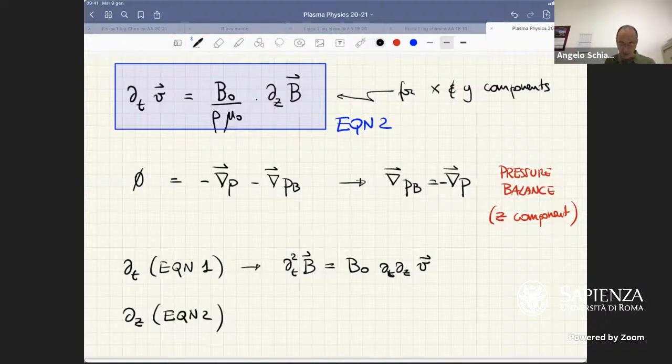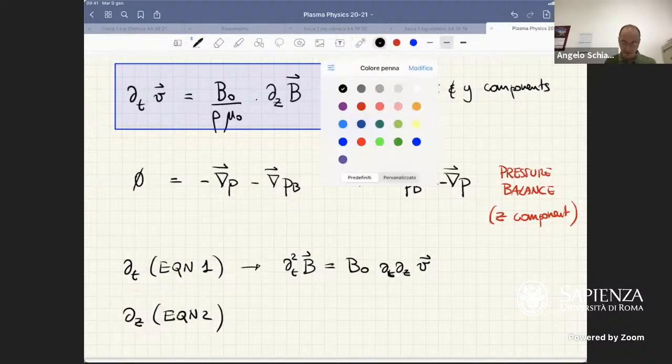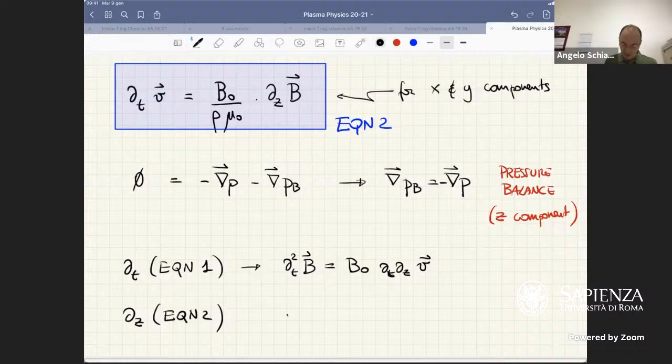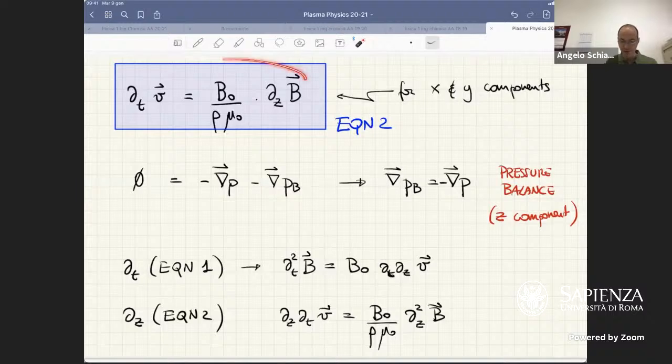Then we take the z derivative of this equation, so we have the mixed term in the velocity field, dz of dt of the V field, equals B naught, which is constant, rho constant, mu naught constant, and then the second spatial derivative along z of the B field, taking the z derivative of equation 2.